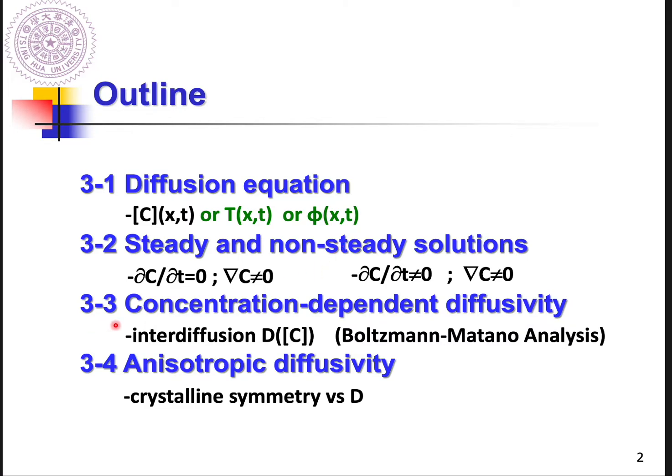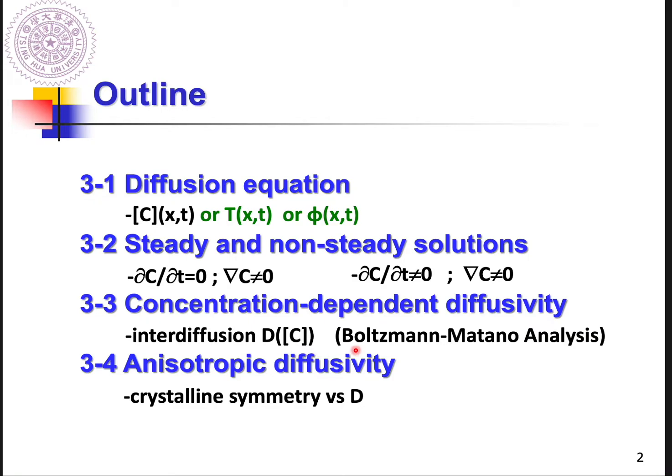And in the third section, because in the first and second sections, for the diffusivity in the diffusion equation, we assume that the diffusivity is constant. But how about if the diffusivity is no longer constant? If the diffusivity is a function of the concentration of diffusing atoms, how can we determine or obtain this diffusivity?